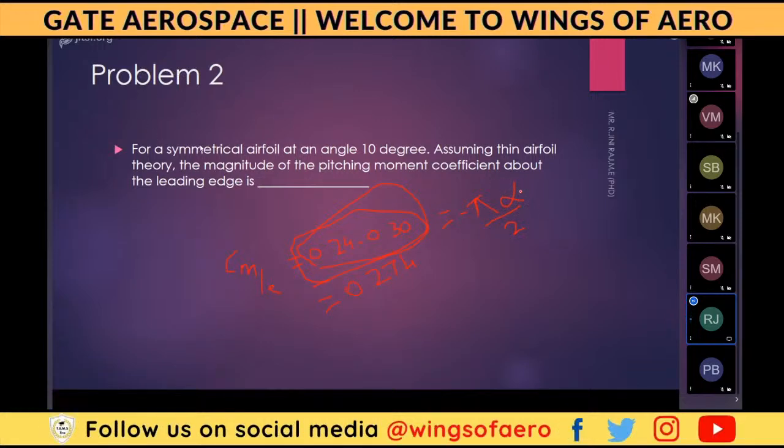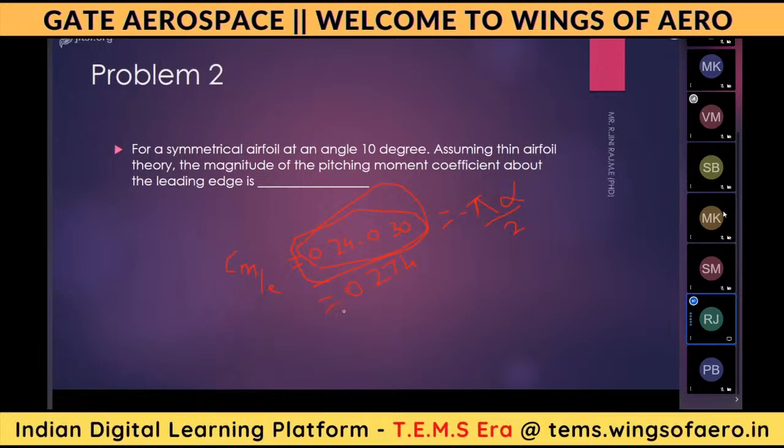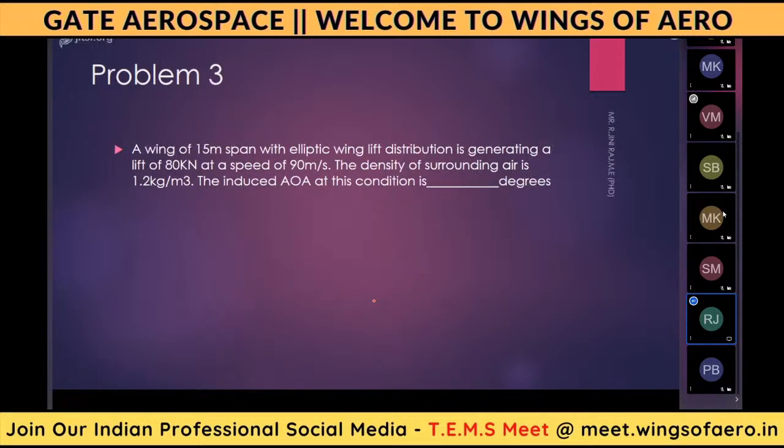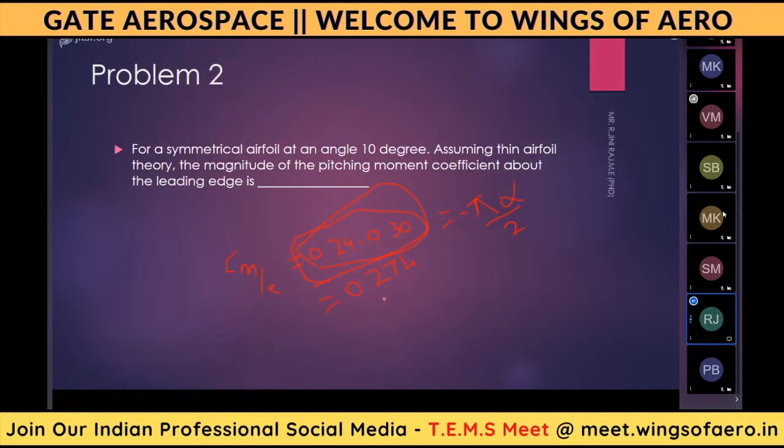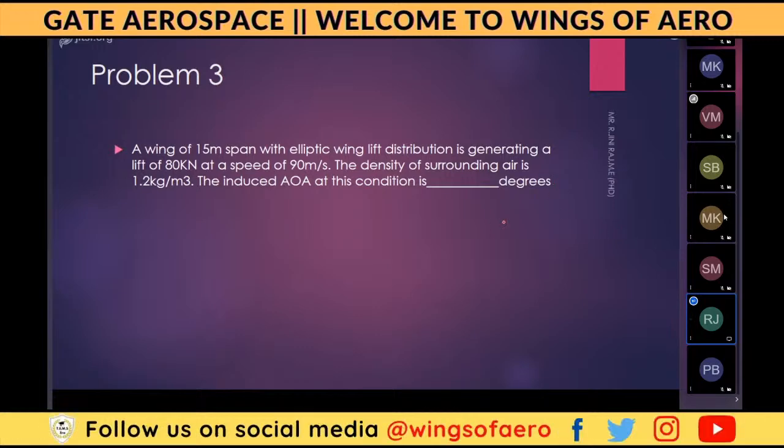Substituting alpha as 10 degrees, that is 10 into pi by 180, we will be getting CM leading edge equal to 0.274. Okay, fine. Now we will be moving on to our next problem.